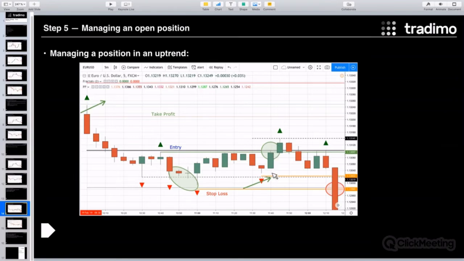So from this point on, we are long in euro dollar, and we can only move our stop loss higher. And we can use this down fractal if it is confirmed. And this down fractal here is confirmed if the second candle to the right hand side is closed. Yeah, this has happened if this candle started to link up.